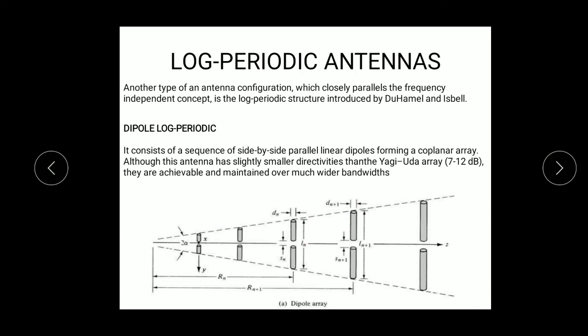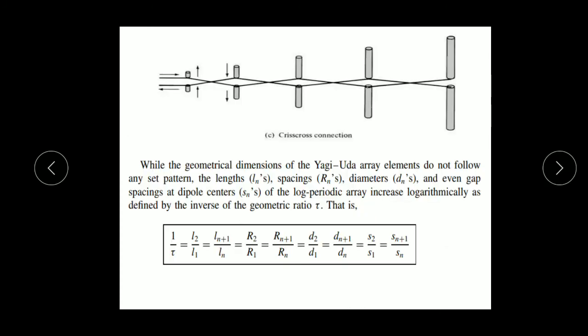The element parameters Rn plus 1 and the diameter of these elements are put in that way. While the geometry dimensions of the Yagi antenna array elements do not follow any set pattern, the length, spacing, diameter, and even the gap spacing at the dipole center of the log periodic array increase logarithmically, as defined by the inverse of the geometry ratio tau.